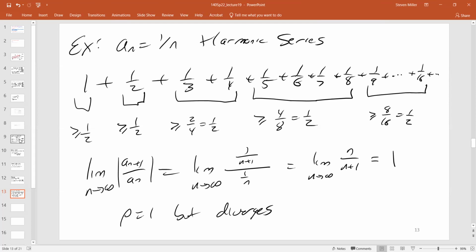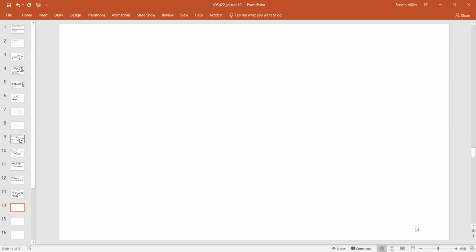So I want to show you that there's an example where rho equals 1 and it diverges, and there's an example where rho equals 1 and it converges. Okay. The rho equals 1 is a little bit hard. We could try the sum of 1 over n squared, n goes from 1 to infinity.